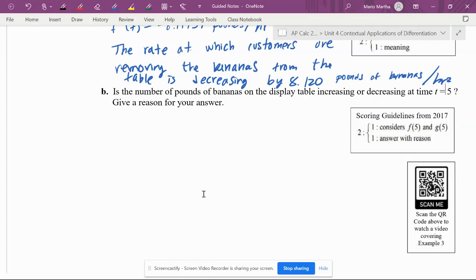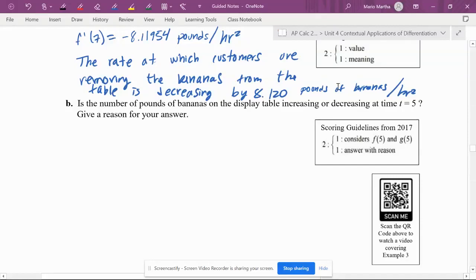So one of the things you want to figure out is which one is greater. If f of 5 is greater, because that's the one that tells you how fast you're removing bananas, then it would be decreasing. But if g of 5 is greater, that means that it's increasing, instead of decreasing. So let's first find g of 5.